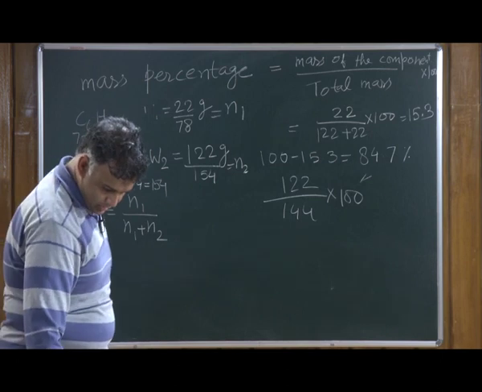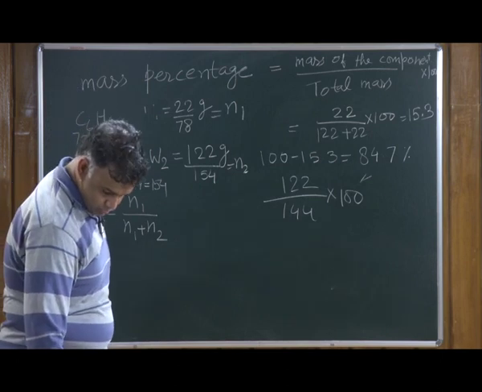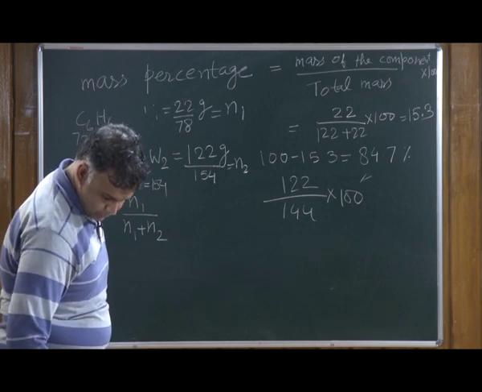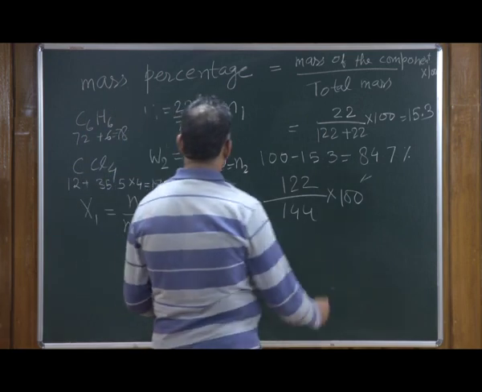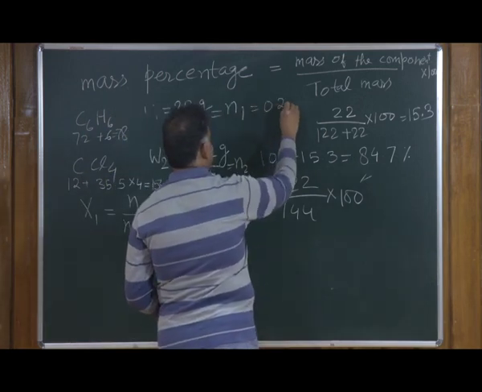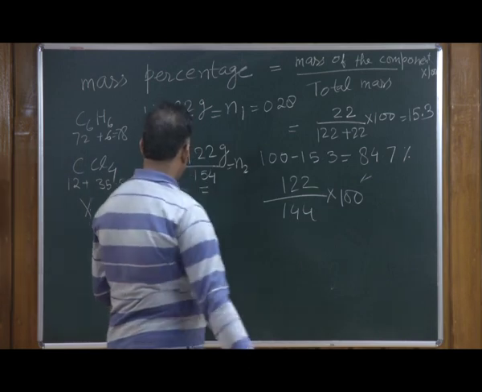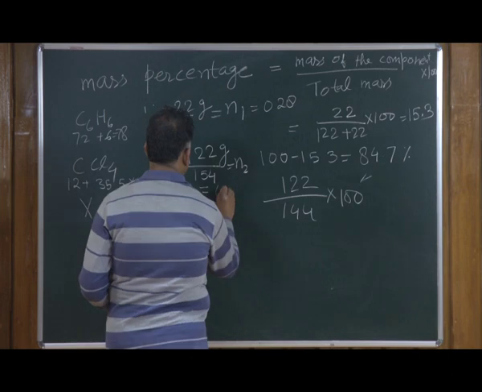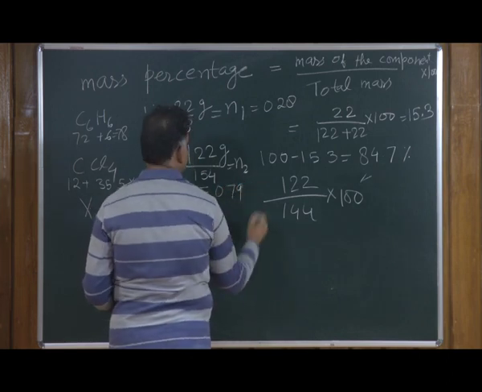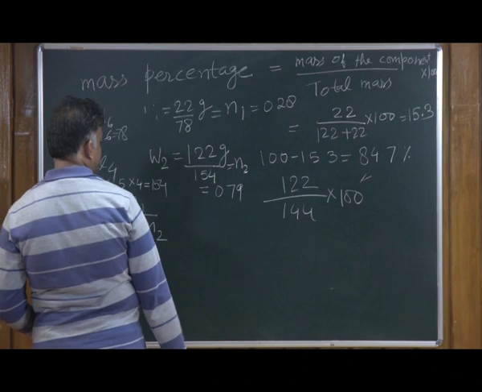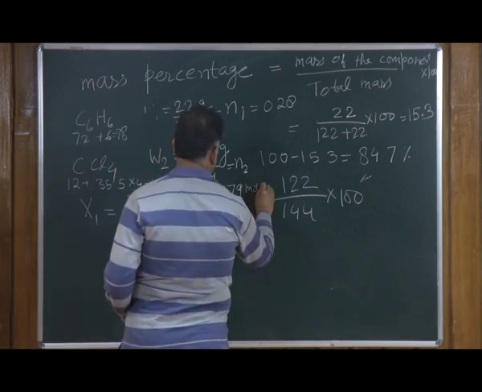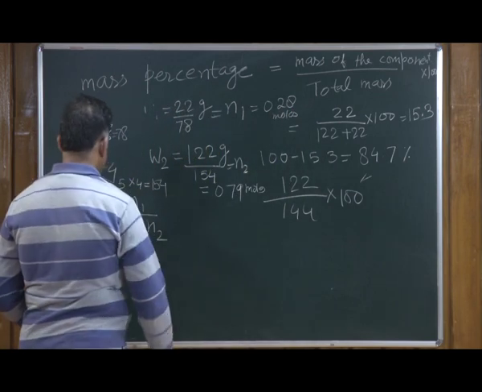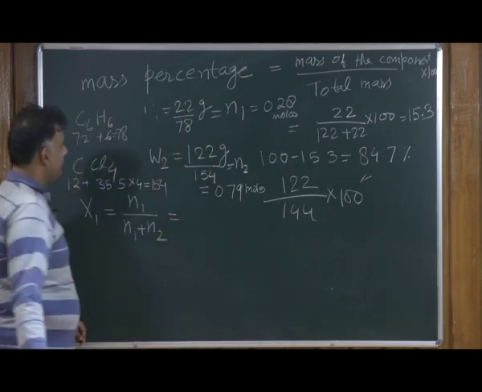Okay, let me simplify this first. So, 22 divided by 78, I get 0.28, and 122 divided by 154, 0.79 moles. This unit is in moles. Okay. Now, we have all the information required to complete this problem.